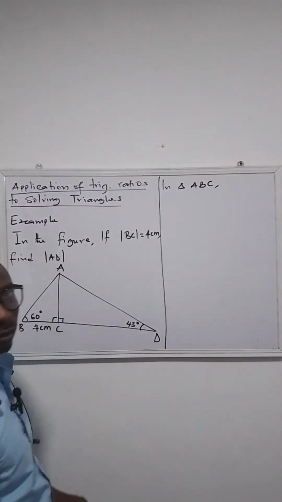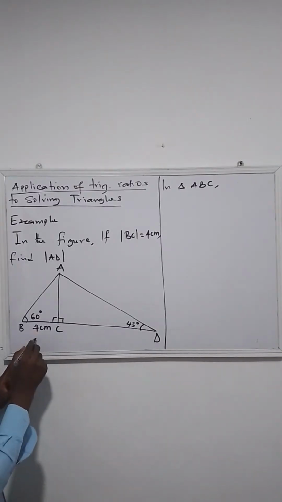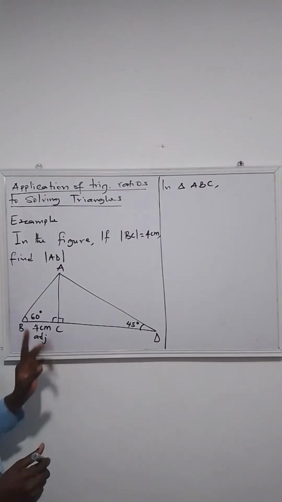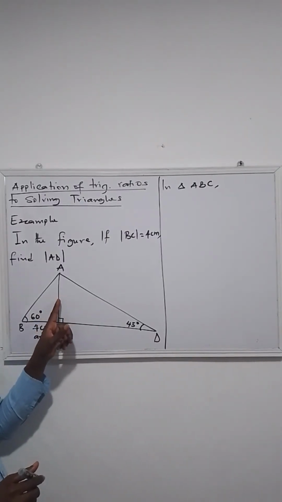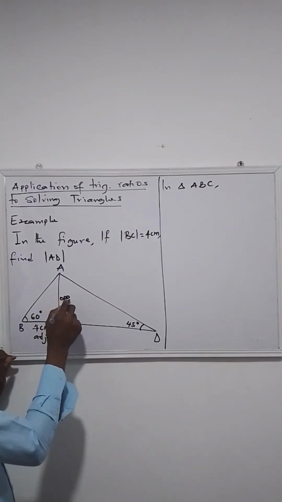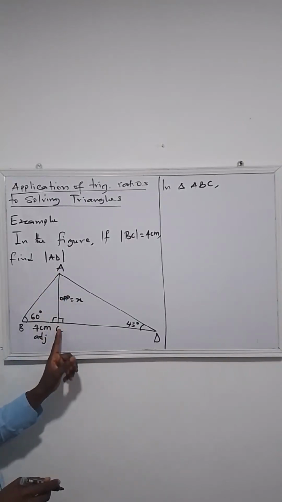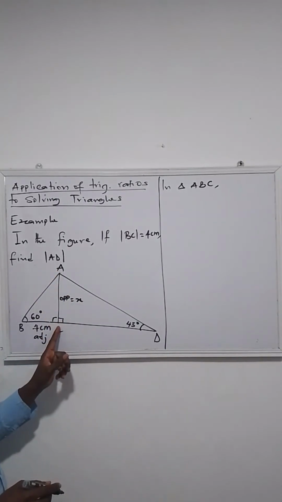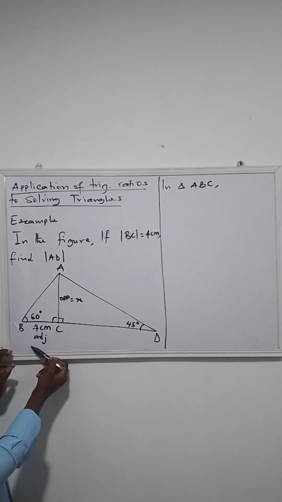Now let's look at what we have here. We have the adjacent. Now we are going to determine the opposite. Let's say the opposite is x, that is AC. So I'm considering opposite and adjacent.